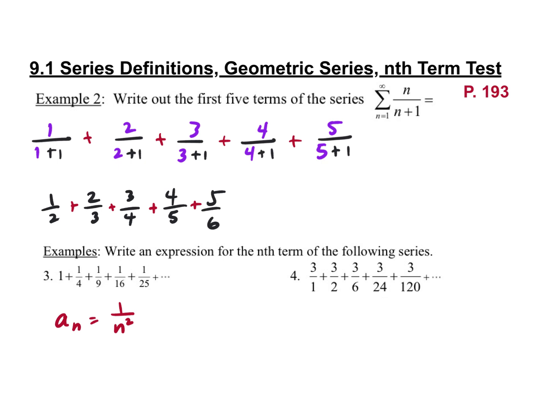Now, do you see a pattern to get from here to here, from here to here, from here to here? What's happening? What is that pattern to get from each denominator to the next denominator? Times 2, times 3, times 4. Say again? Times 2. Yep. Times 3, times 4. Okay, so that looks good.